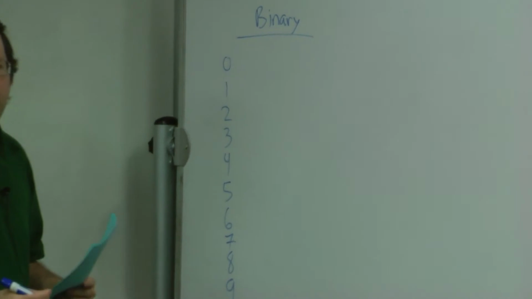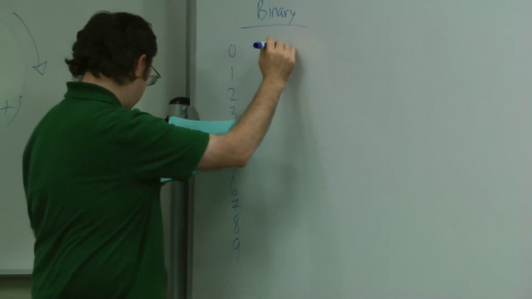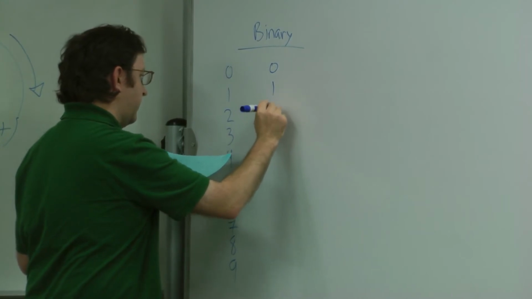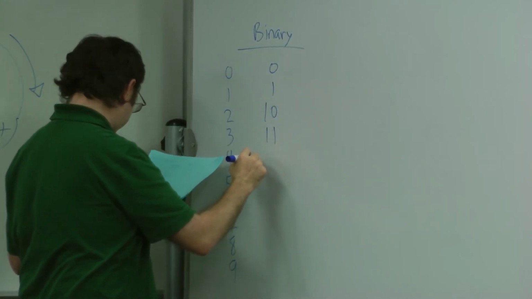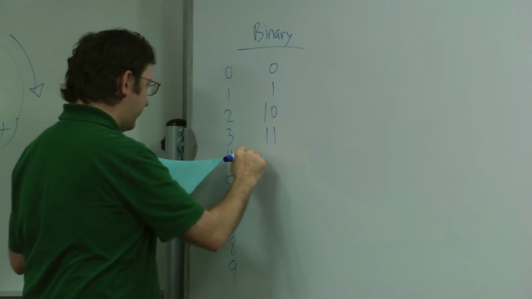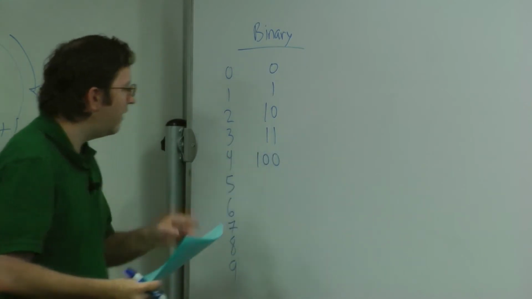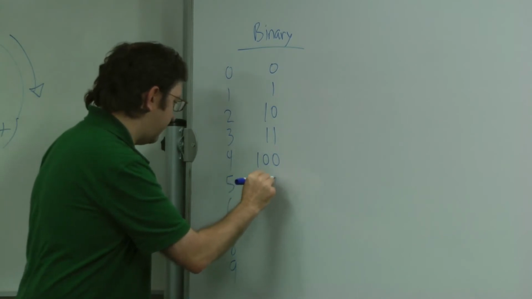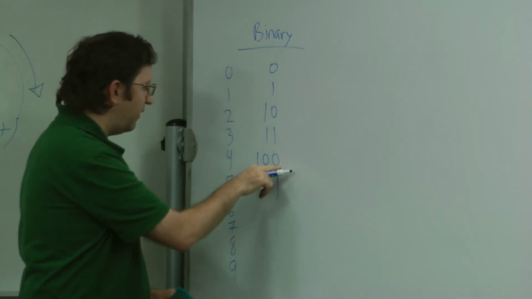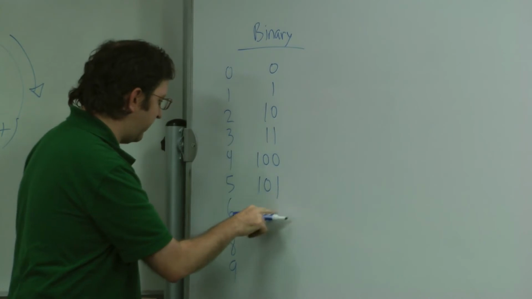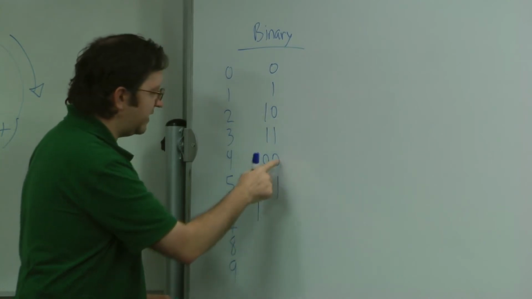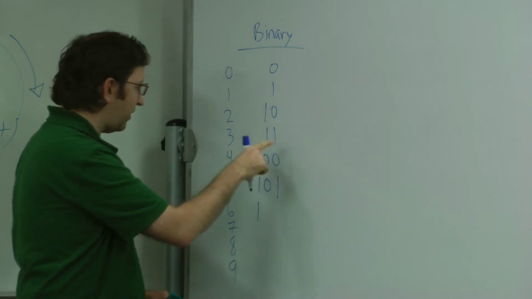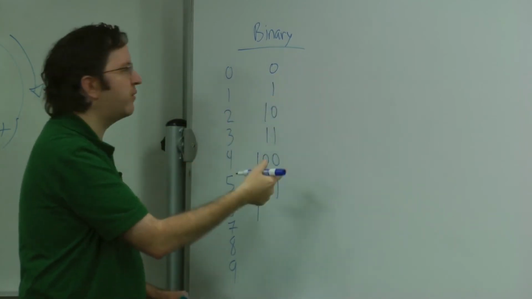If we have binary, every time we add one to a value, if it's 0, it becomes 1.